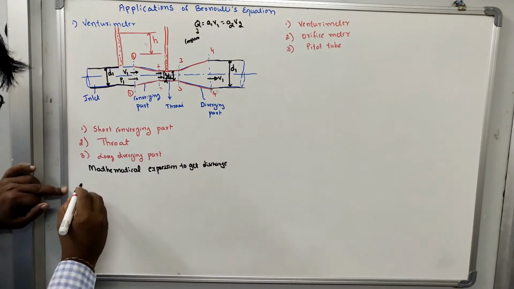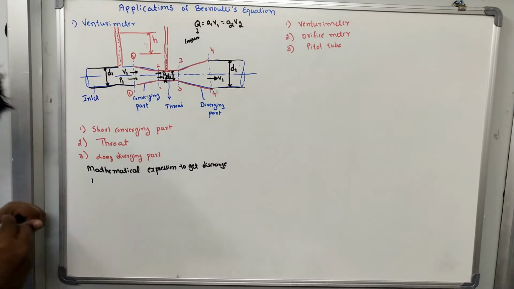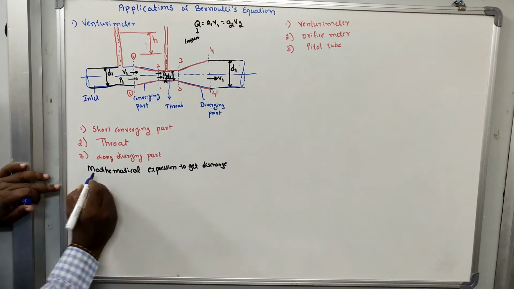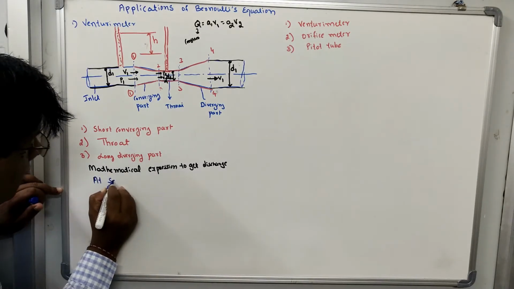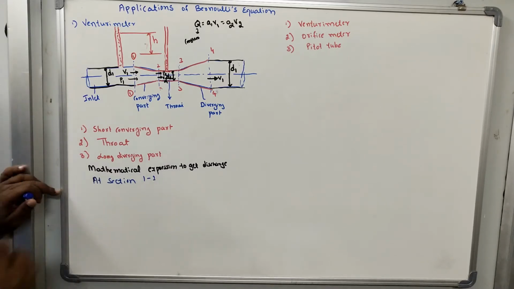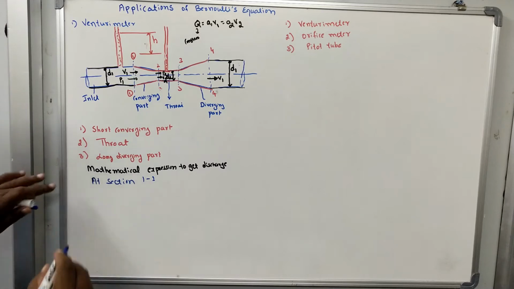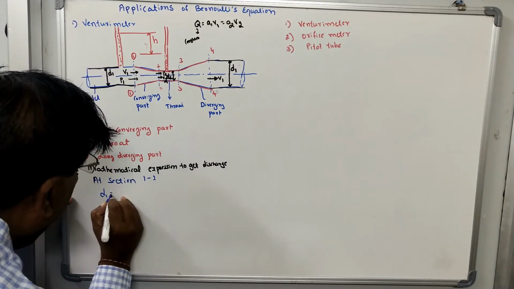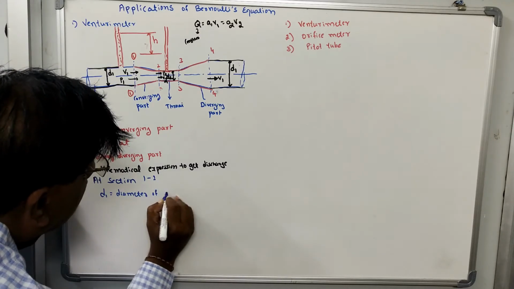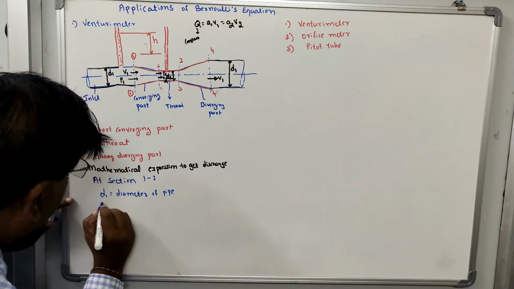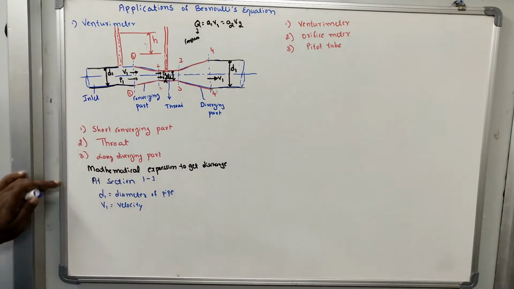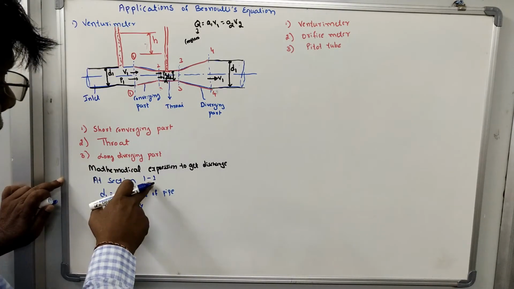Okay, at section 1-1, let D1 be the diameter of pipe, and V1 the velocity inside the pipe at section 1-1.